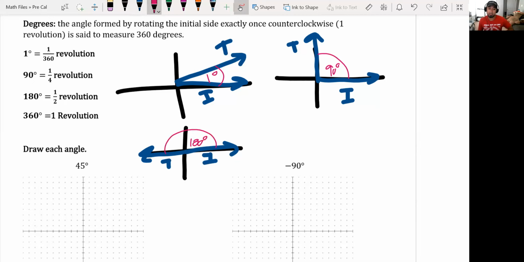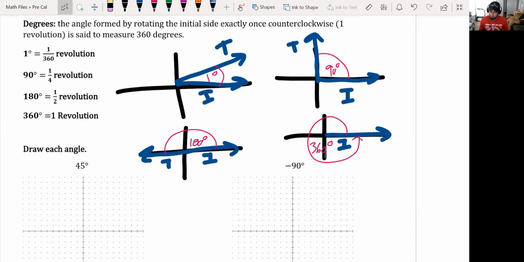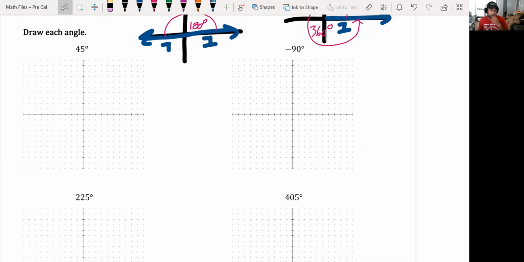And then here you would have your initial side, and then to get to 360 degrees, of course, rotate 360 degrees, and we land on the initial side again. Okay, that was one full revolution, right? All right. So down below is just practice in drawing an angle.